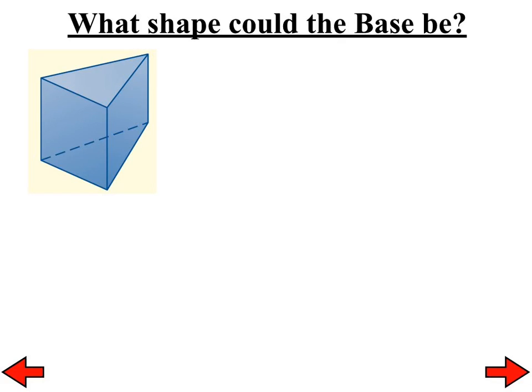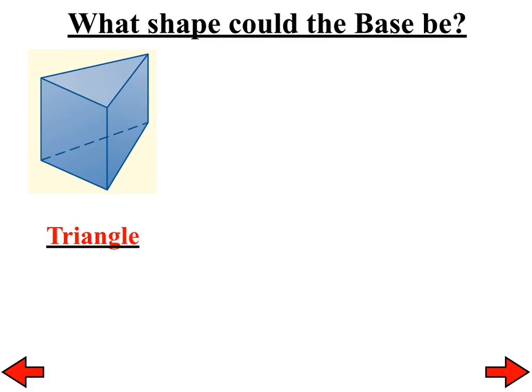So, this shape right here. What could the base be? Anybody have any idea? Yes? It's a triangle. It's a triangle because this shape is congruent to this shape. And they're parallel to each other. And in fact, not only is that the base, but we would call that a triangular prism.